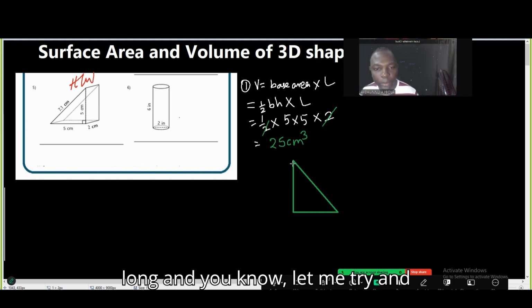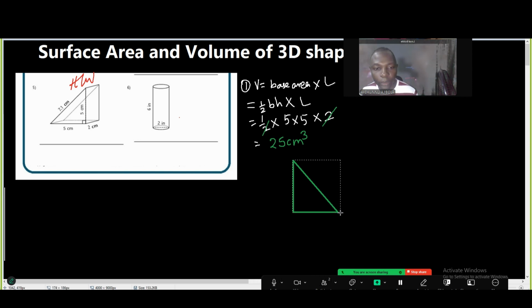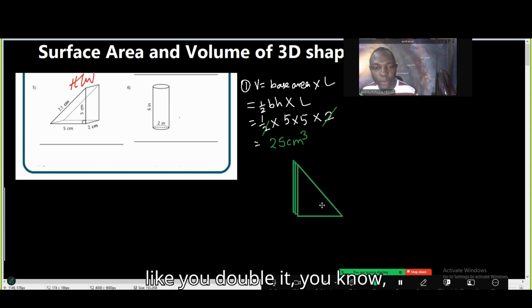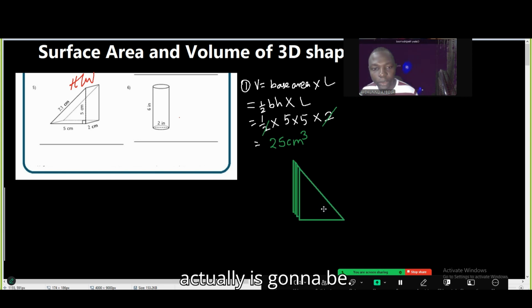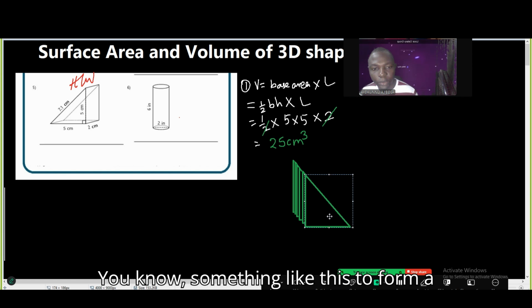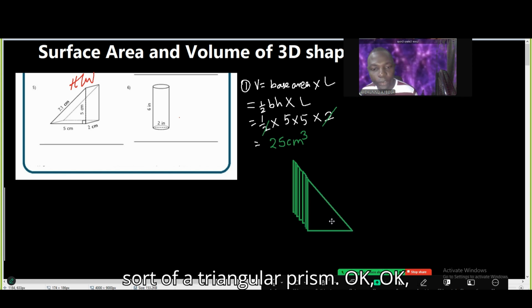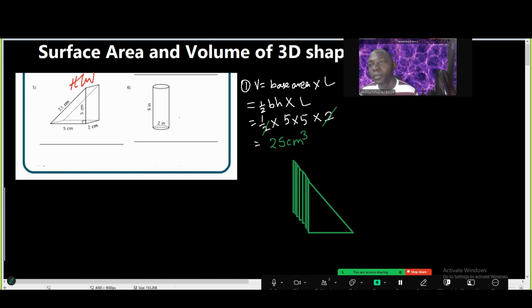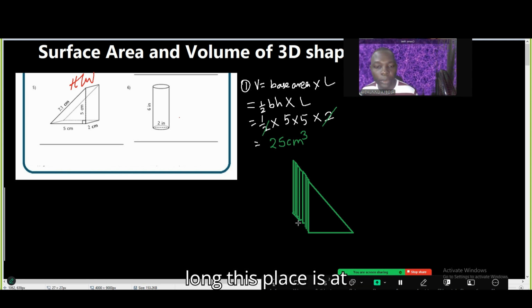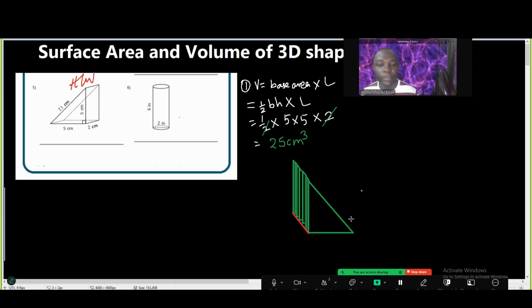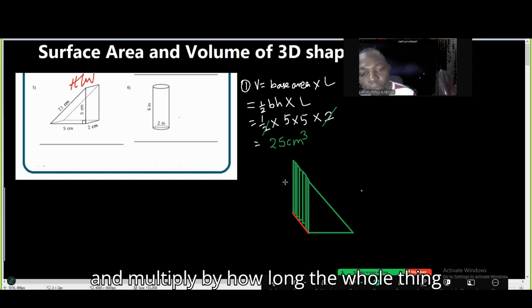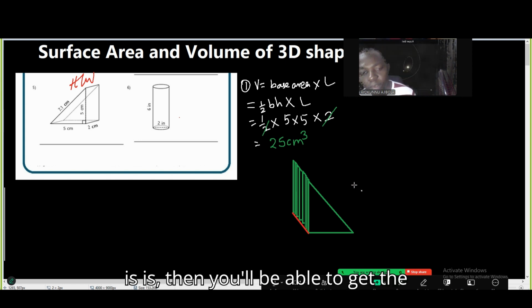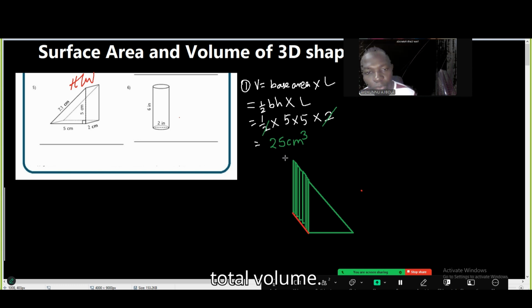You make it thicker, so the length is going to be something like this, to form a triangular prism. So the length we are considering is how long this place is at the base. When you find the area of the first triangle and multiply by how long the whole thing is, you'll be able to get the total volume.